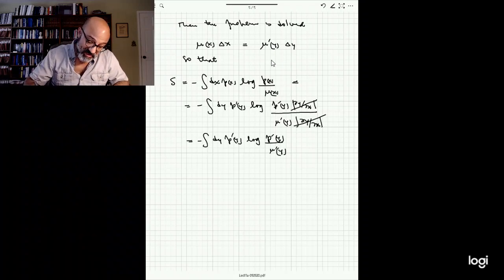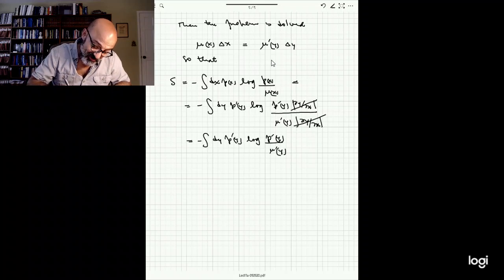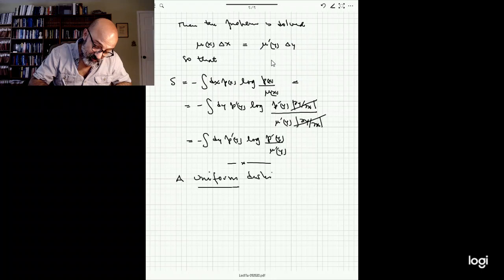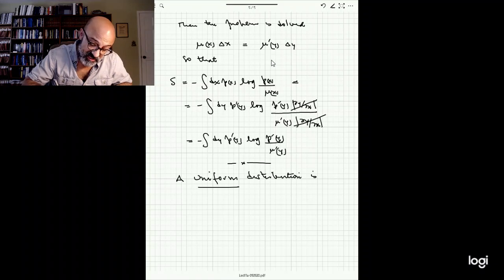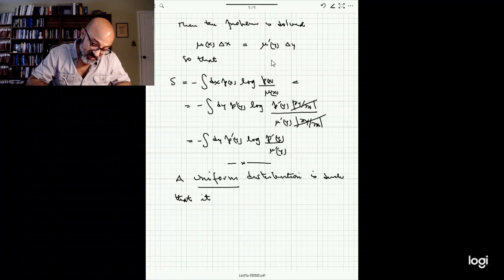So let me re-express this in the following sense. Important piece of language: what is a uniform distribution? It is such that it assigns equal probabilities to equal volumes.